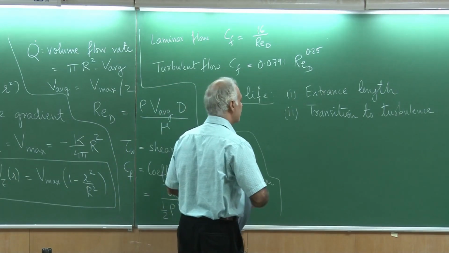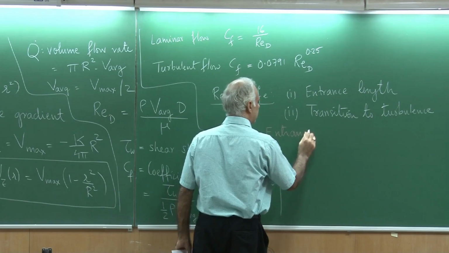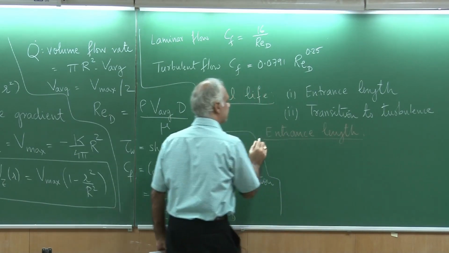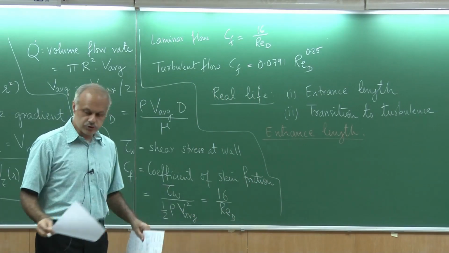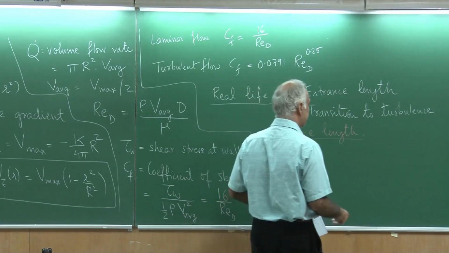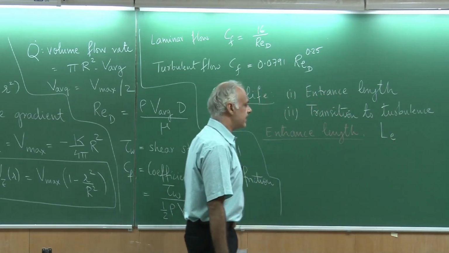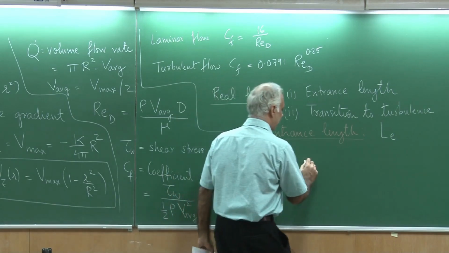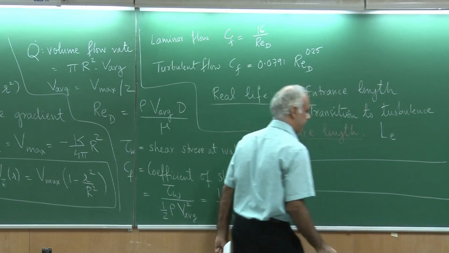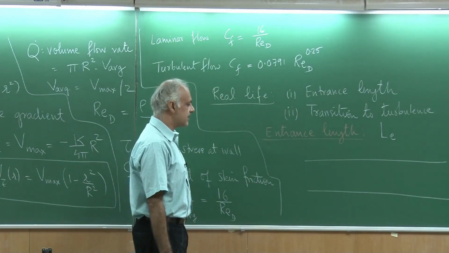So first I want to talk about the entrance length. I would like to show you a small picture of how the entrance length is defined. Let's say LE is the entrance length, and I look at a pipe. This is an axisymmetric pipe with a circular cross section.